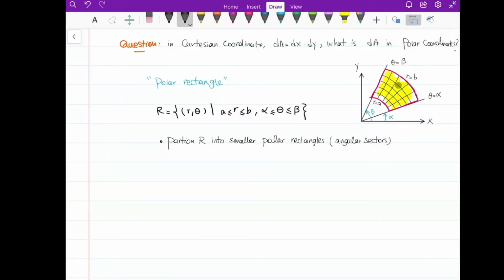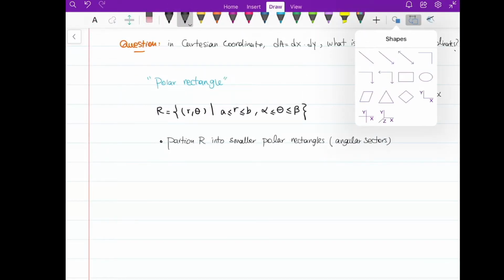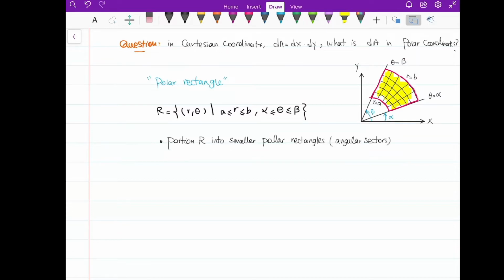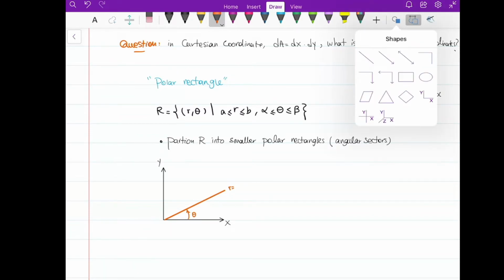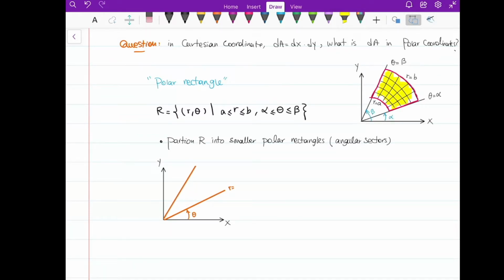Let me graph what we have in the small rectangle. I'm gonna zoom in and say that this is, for example, theta.